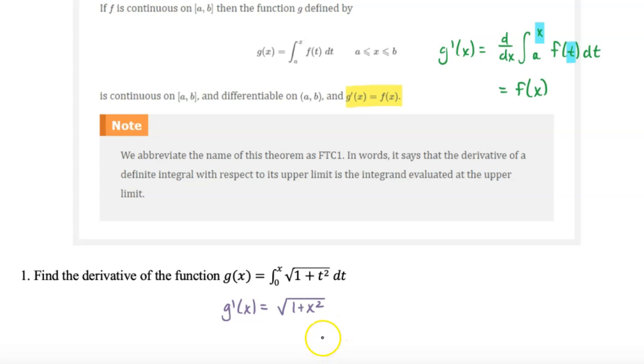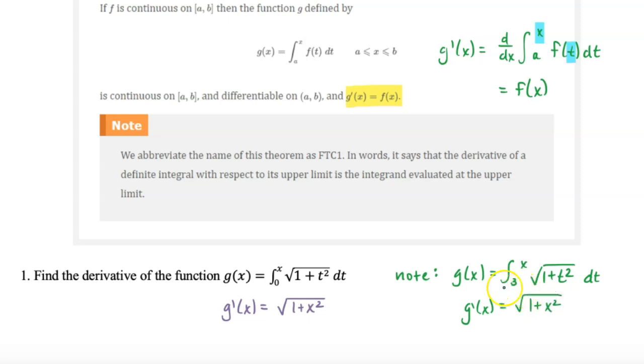That is the answer. Just a note, something that we could have seen: right now we have a lower bound of 0, right? If we had g of x equal to, let's say, the integral from 3 to x of the square root of 1 plus t squared, so everything else is the same except for that lower bound, well, we would get the same exact derivative, the square root of 1 plus x squared.